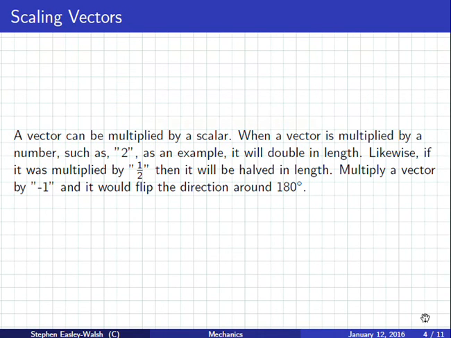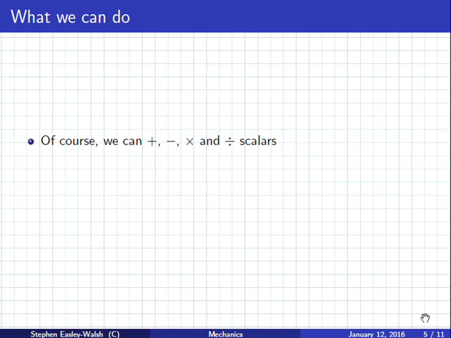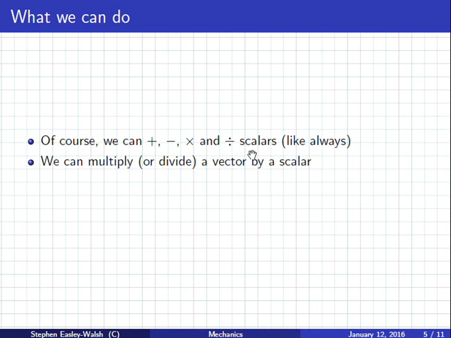And then this one here, I'll do it in green, this one here will be minus A. And this one here, for example, will be minus a half A. So when you multiply by a scalar, you just change the length of the vector. Although if you multiply by a negative scalar, like minus 1 or minus 2, it flips the vector around.